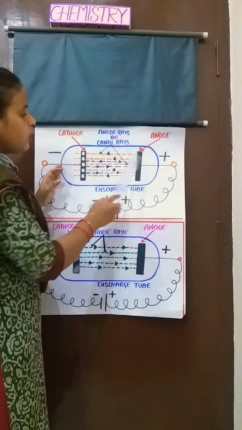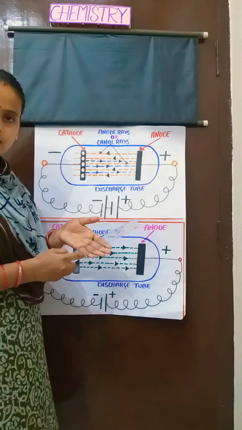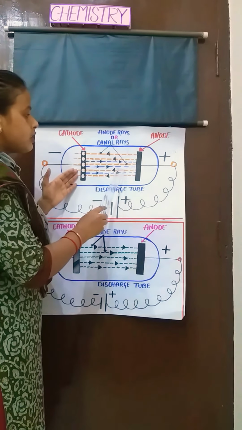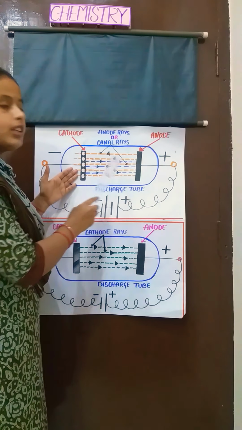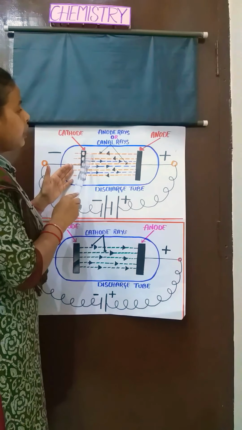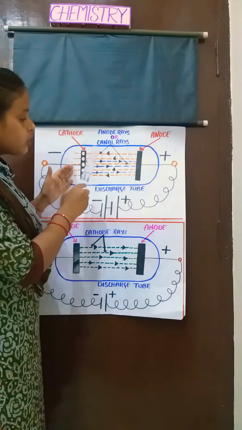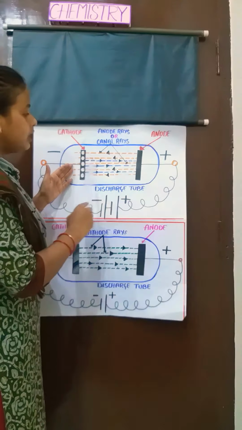So what he observed was that apart from cathode rays, there is another set of rays traveling in the opposite direction to the cathode rays. Here you can see the orange line. The orange line represents the rays opposite to the cathode rays, and these blue lines represent the cathode rays.